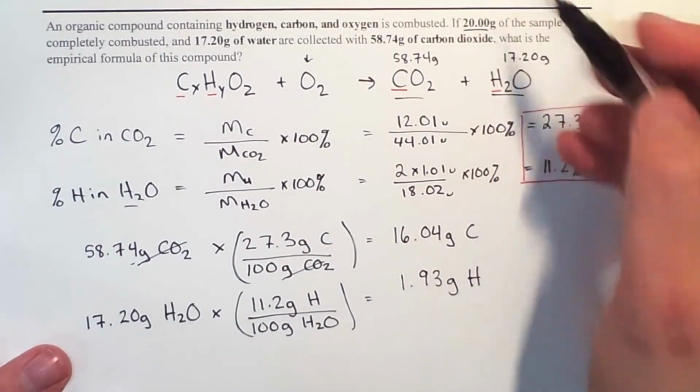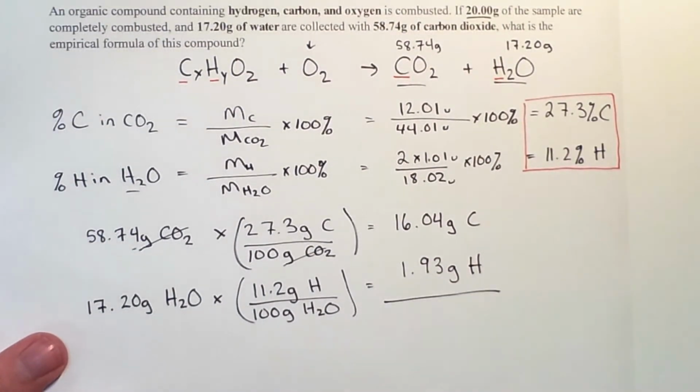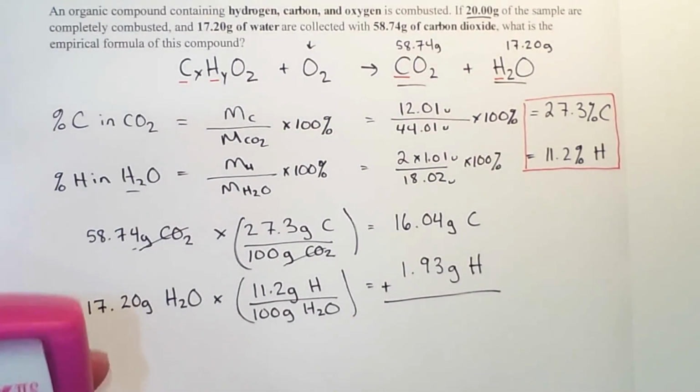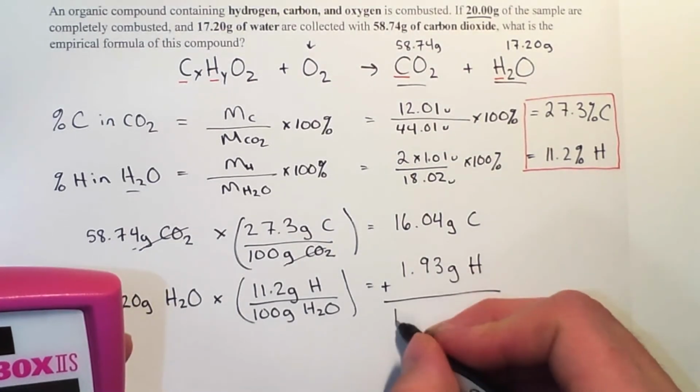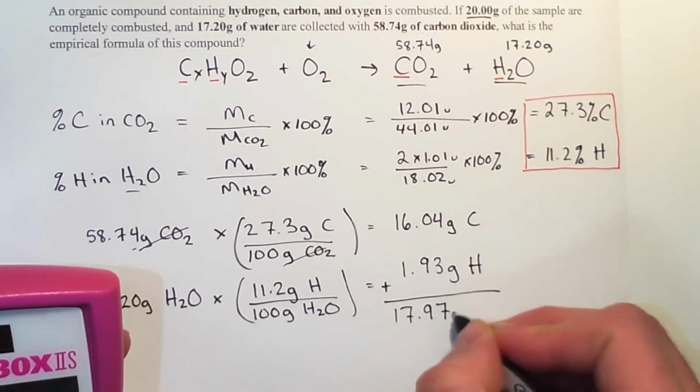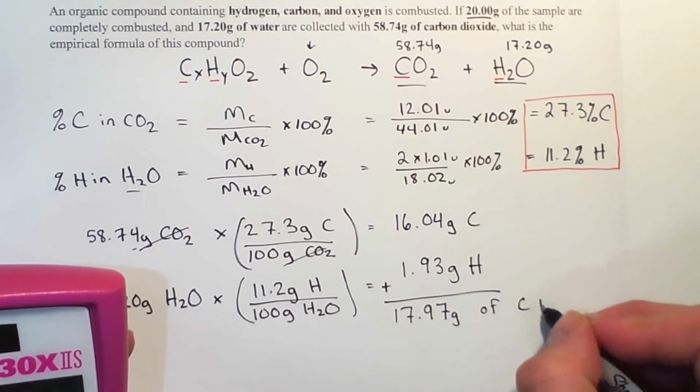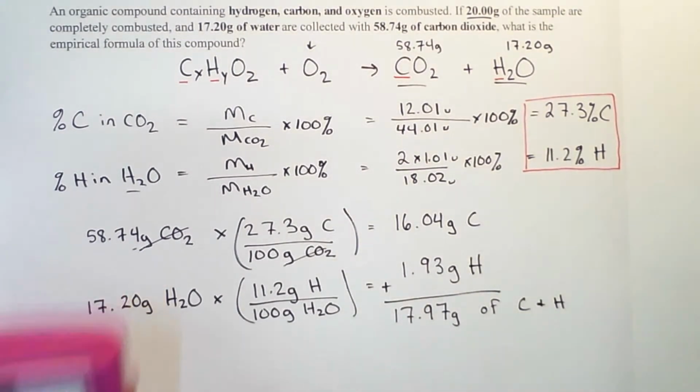Now I know my sample was equal to 20 grams, so I'm going to add those two values up and see if we're close to 20 grams, and clearly we're not going to be. 16.04 plus 1.93 gives me 17.97 grams of carbon and hydrogen.